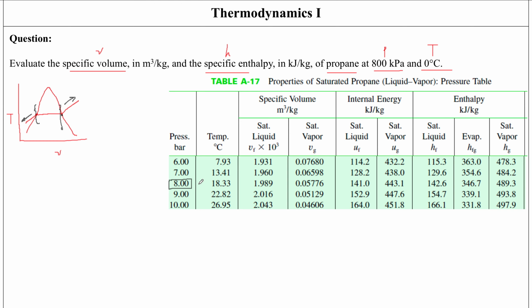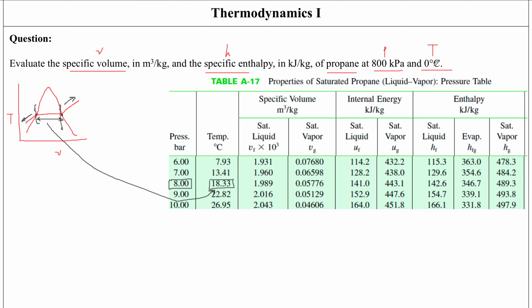Across 8 bars, what you see is that the saturated temperature is 18.33 Celsius, but the temperature that is given to you is lower than that. What does that indicate? The temperature over here, this entire region, is 18.33 Celsius.